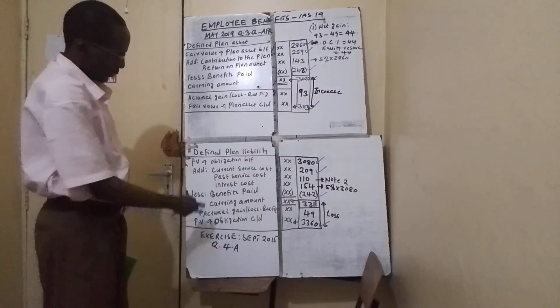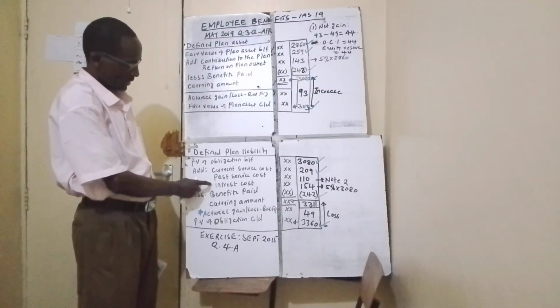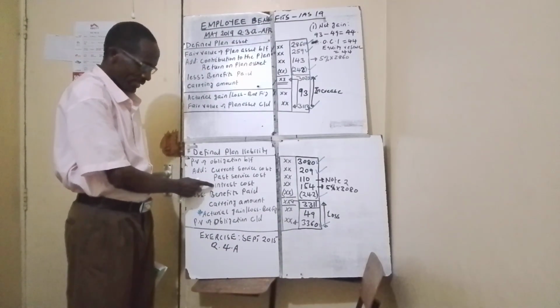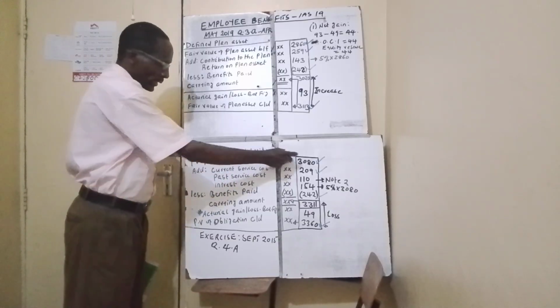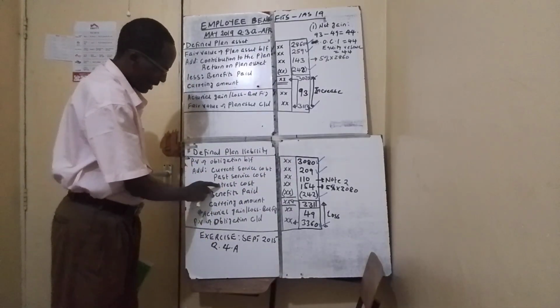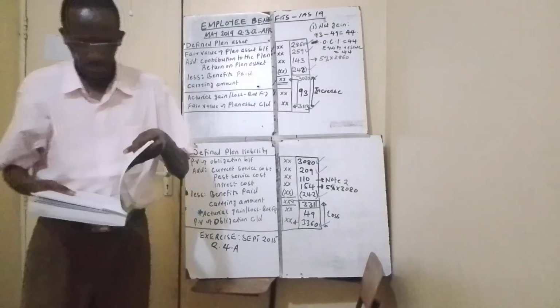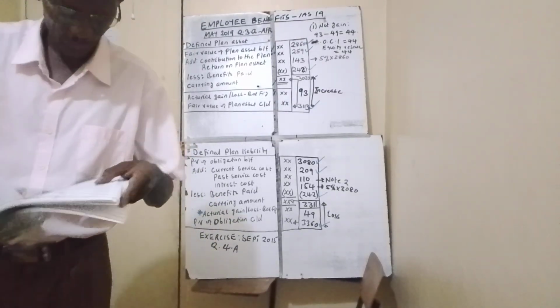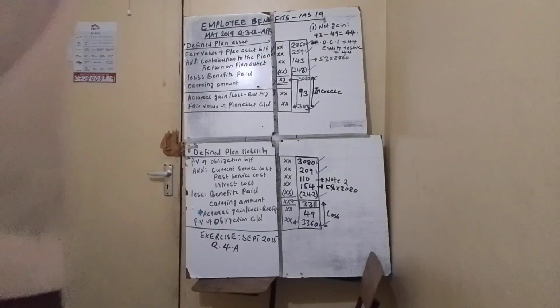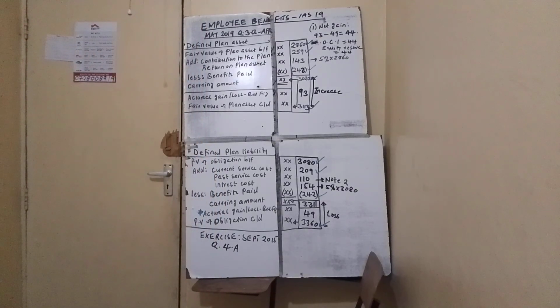You do the same with the defined plan liability. You take that particular rate, you multiply by opening balance, and then you'll have calculated the interest cost.